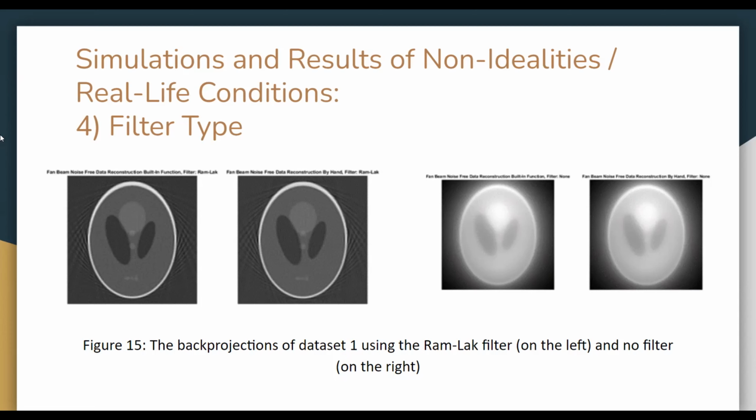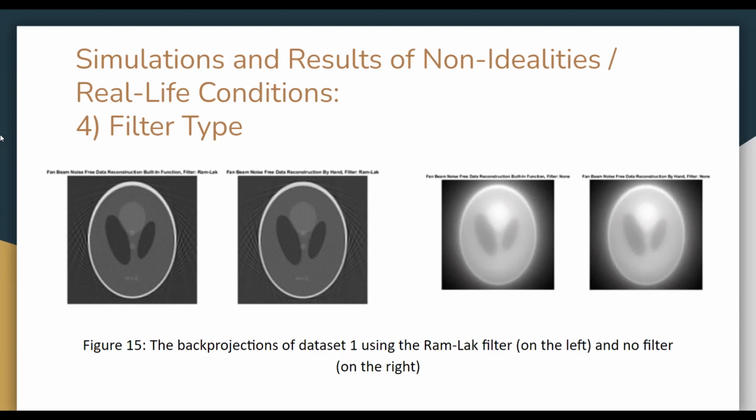So if there is a projection that is very bright, then its brightness and blurredness will be spread out onto the whole image, so that the unfiltered image will be very bright and blurred. And in order to prevent this, we use different types of filters, especially sharpening and high pass filters, in order to cancel the effect of these blurs and brightnesses in the image.